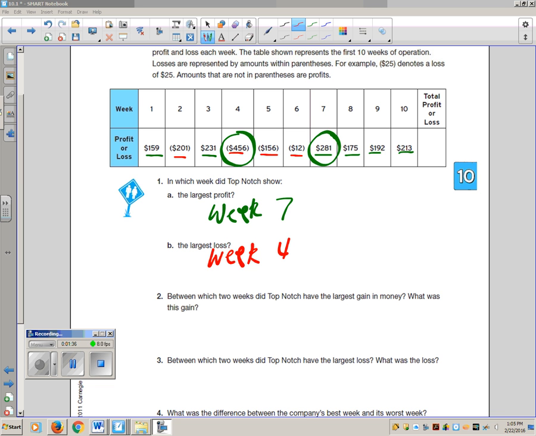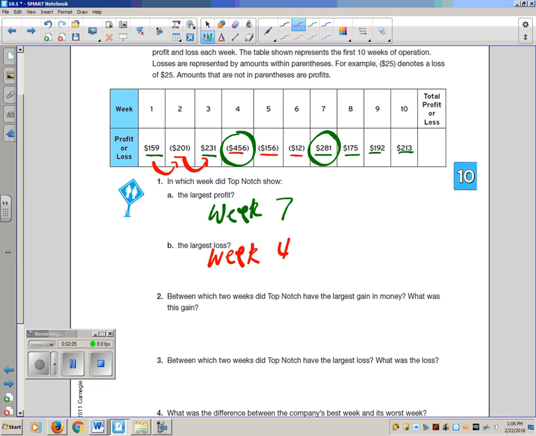Number 2, between which 2 weeks did Top Notch have the largest gain in money? What was this gain? From week 1 to week 2, that's a loss because it goes down from 159 all the way down to negative 201. If you look at week 2 to week 3, it starts out at negative 201 and goes all the way up to $231.